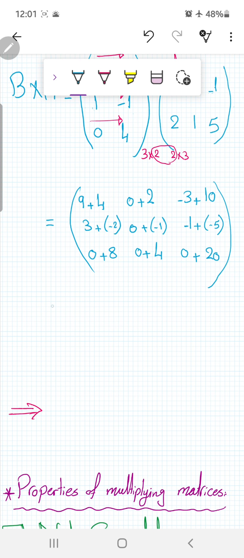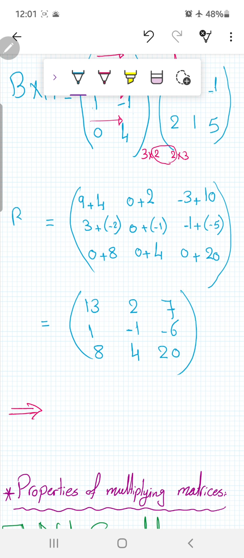Get the results. 9 plus 4, 13. 2, 7. Here 1, negative 1, negative 6. 8, 4, 20. What did you notice here?